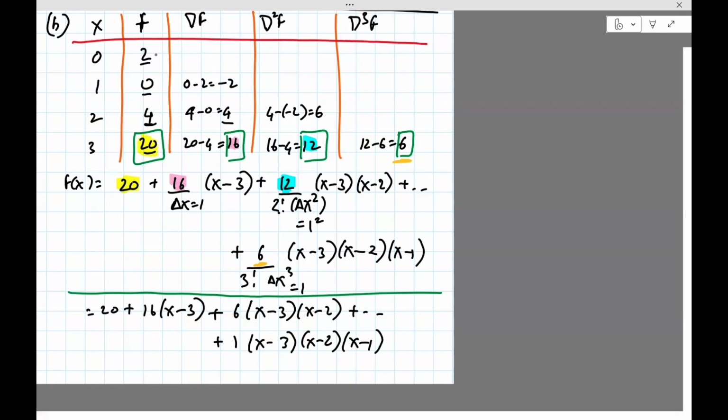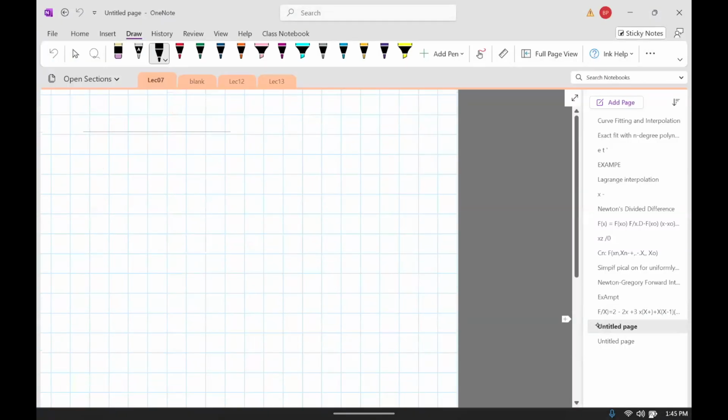Okay, you can try to simplify this. I'm running out of time, so I'll not simplify this here at this moment, but it's fairly straightforward to expand that out, right? And when you expand it out, what you'll find is that f of x is x cubed minus 3x plus 2.